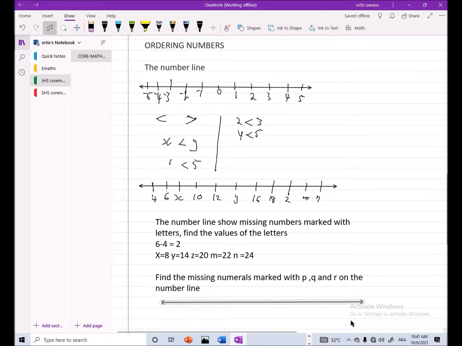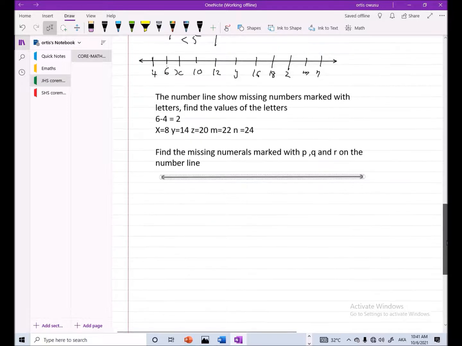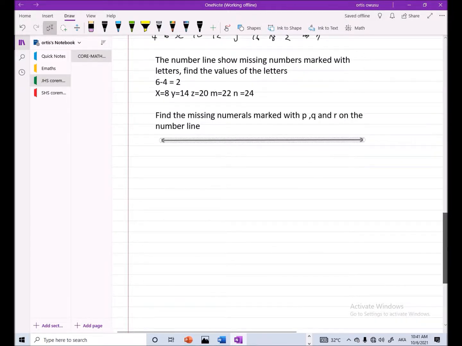Okay, then let's bring what we need to bring. So we've drawn our number line, and let us place what we need to place.